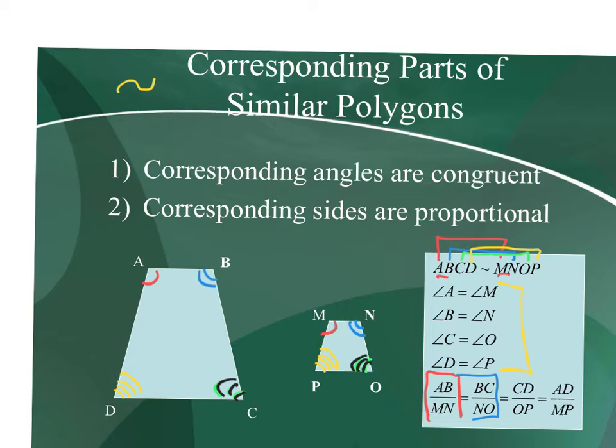And then lastly, the third one, this third side is CD, which are the last two letters here, and that's the CD equals OP. And then finally, they went from the beginning to the end, the A to the D, so then the M to the P here. And again, that's your last ratio, that's right there.